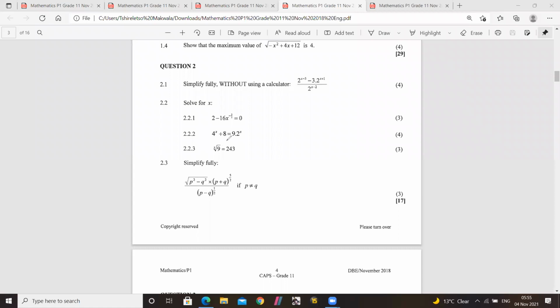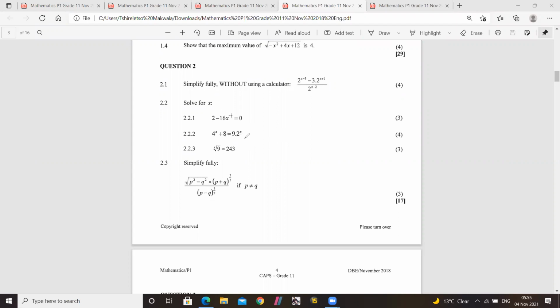With this one, it says solve for x. Do we see that x is in the exponent and it's in 2 numbers? So what are we going to do here? The first thing we do is check if these numbers are the same, right?